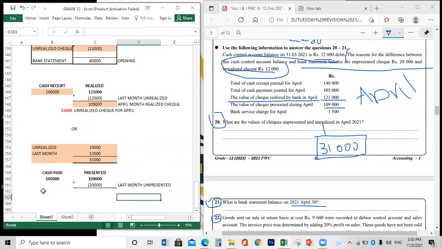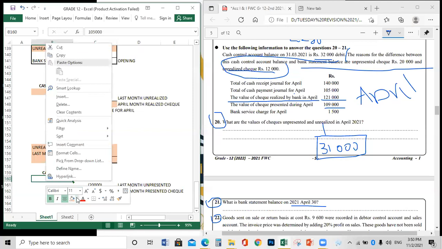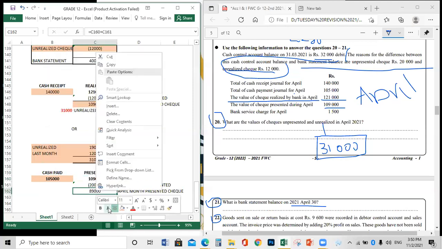Then you will get the answer for the April month presented check. Now you can compare these two and get the difference.